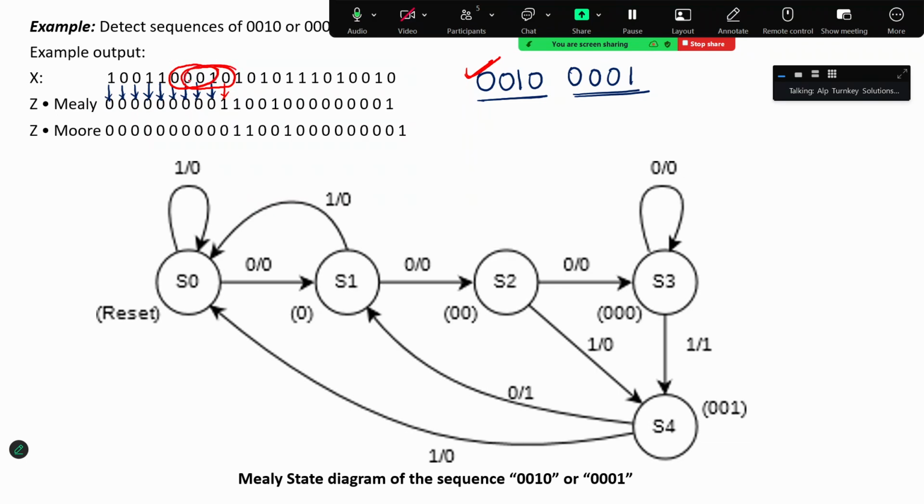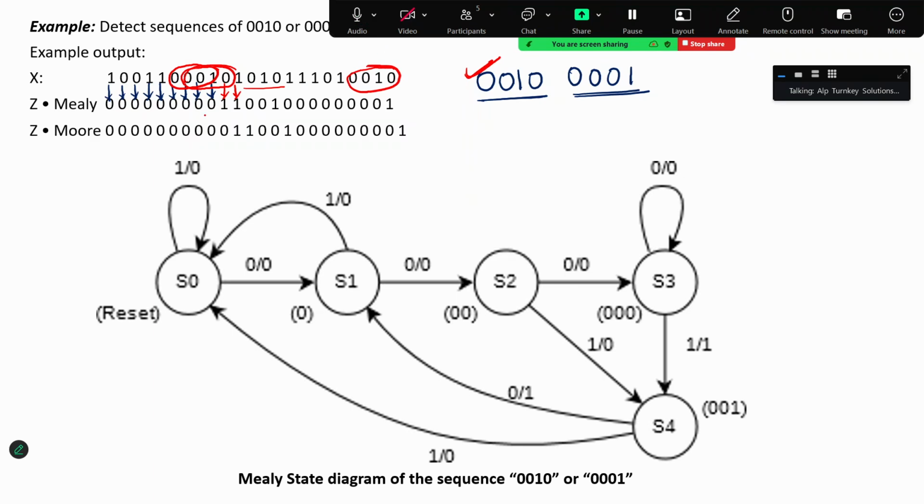And next we got 0010, and the output becomes 1. And here you are getting 00010. Here 0010, I got the sequence, and the output becomes 1.